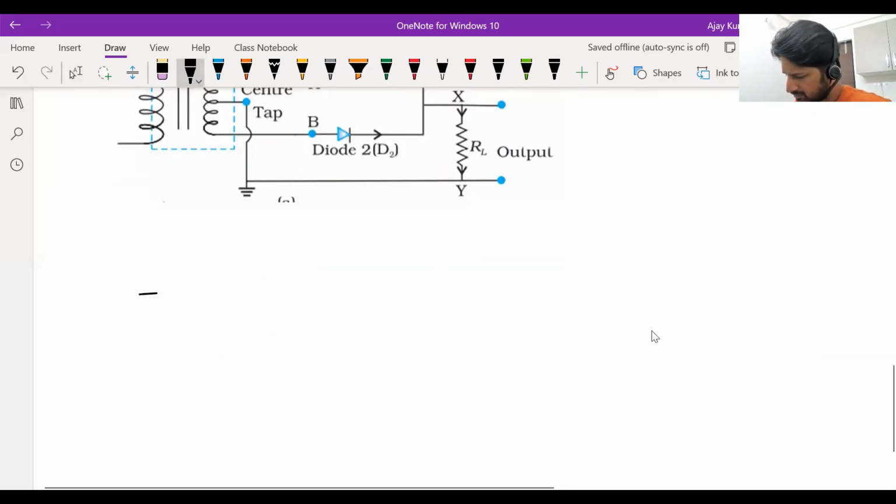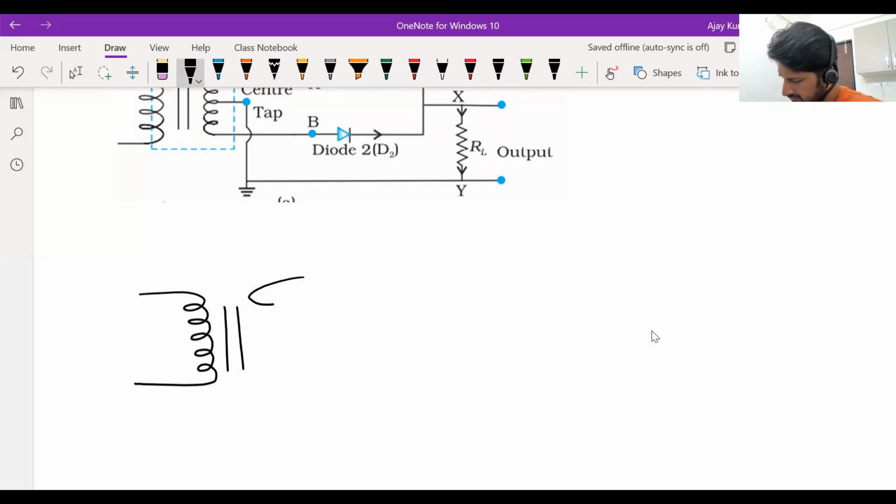We know what a transformer does. There are two types of transformers, step up and step down. If N2 is greater than N1, it's a step up transformer. If N2 is less than N1, it's a step down transformer. This is the circuit symbol for a transformer. Consider a step up transformer.